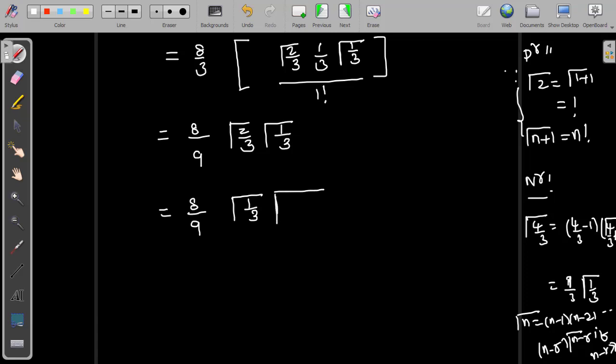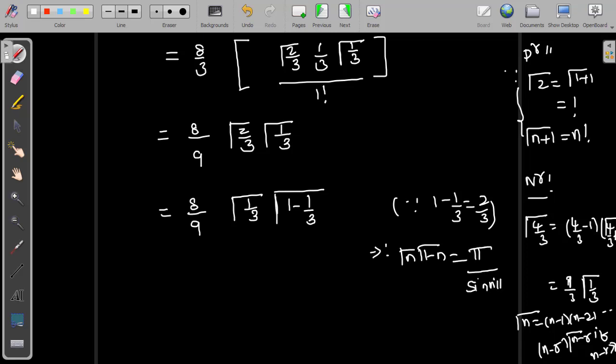This 2 by 3 can be written as 1 minus 1 by 3, because 1 minus 1 by 3 gives you 2 by 3. There is one more rule here: gamma n into gamma of 1 minus n equals pi by sine n pi. This is a standard one to remember.